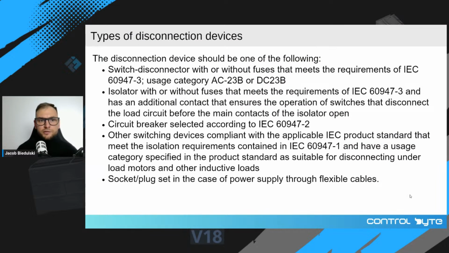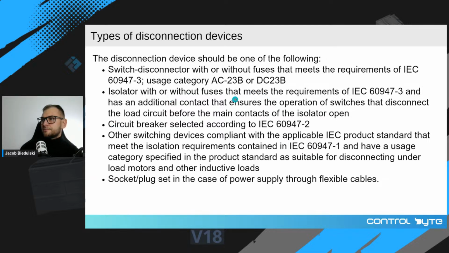In the standard, you will find the types of disconnection device that can be applied in our control system. For example, we can use a switch disconnector with or without fuses that meets the given requirements. You can use an isolator with or without fuses.